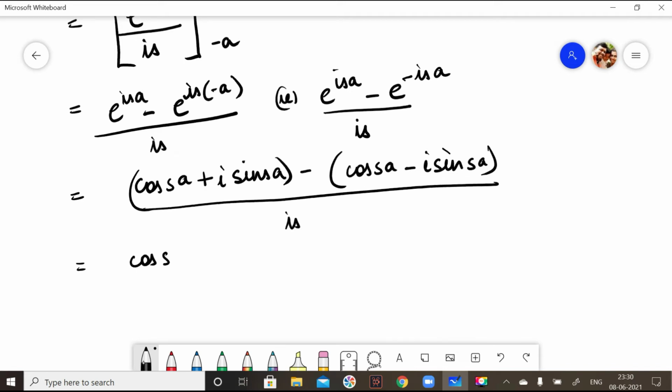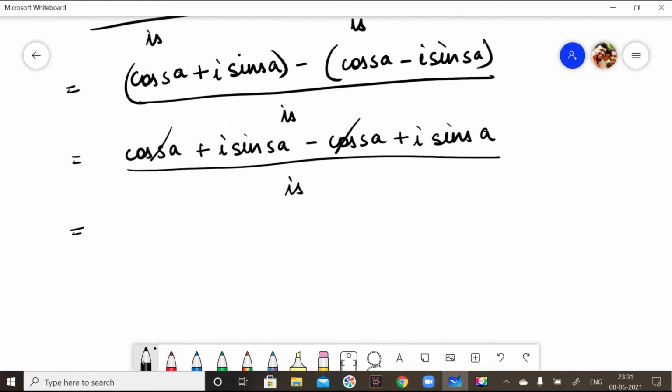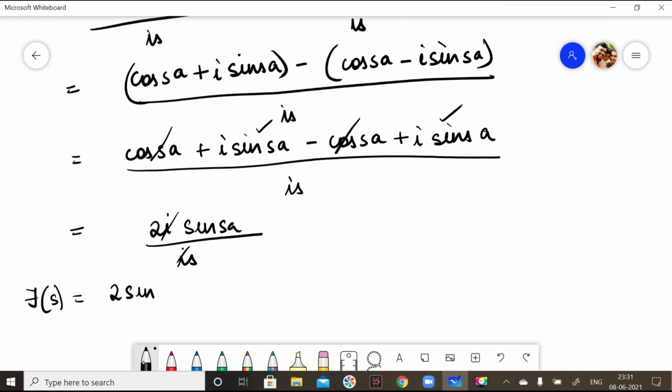So it is cos sa plus i sin sa minus cos sa plus i sin sa. So what happens? cos sa and minus cos sa get cancelled. So what is left over? 2i sin sa by is. So i will get cancelled, and my f of s will be 2 sin sa by s.